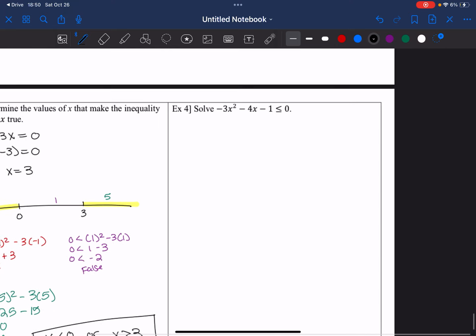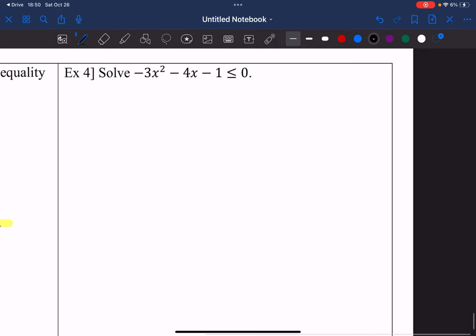Okay, last example here. Remember, my first step is to turn it into an equal sign. So I have -3x squared minus 4x minus 1 is equal to 0. Then I'm going to see if this can be factored by doing the a times c method. So a times c is equal to -3 times -1, which is 3.